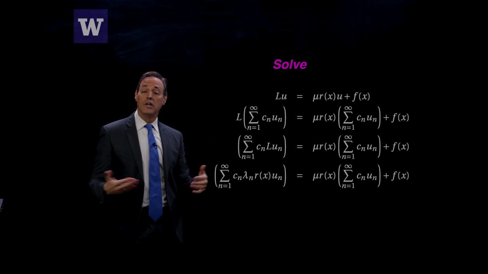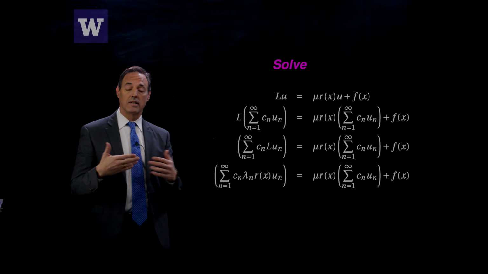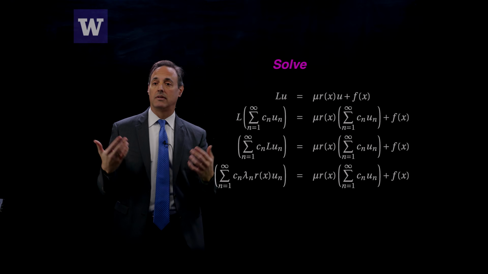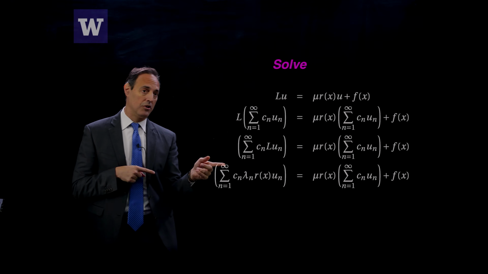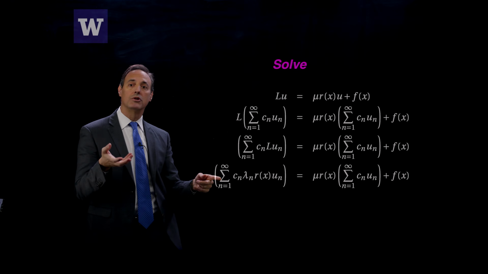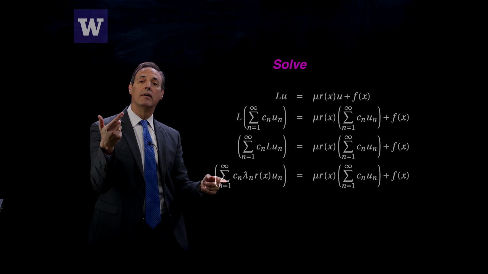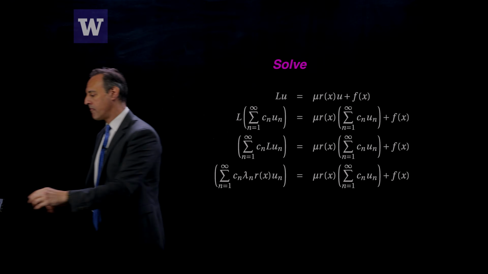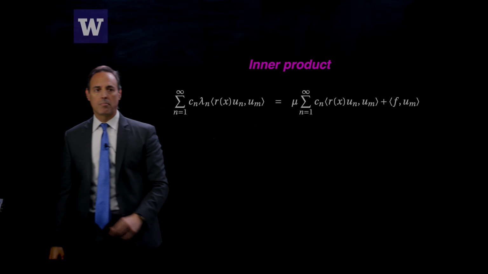And now the trick. What's the trick? It's like everything else. You expand, you apply inner products, and use orthogonality. So now what we're going to do is take the inner product of this last expression with respect to the eigenfunction u of m. So here's how the inner product works.